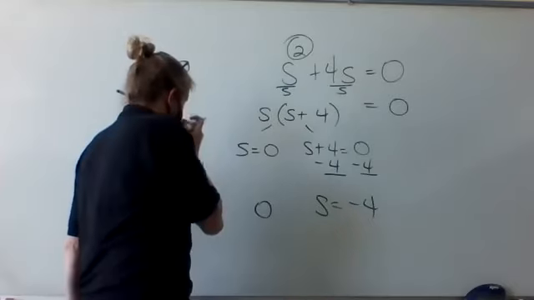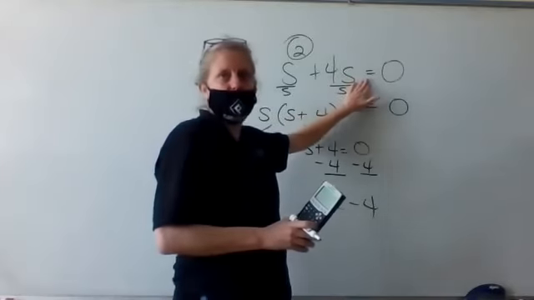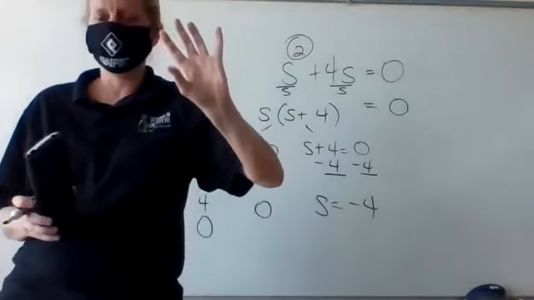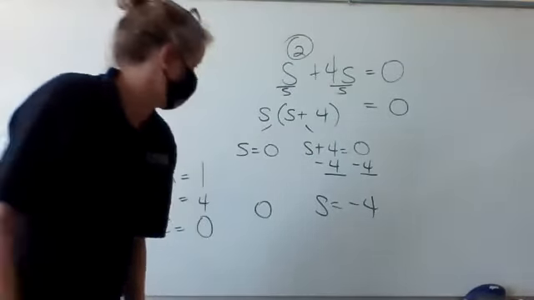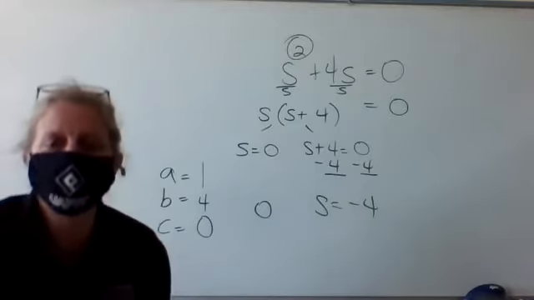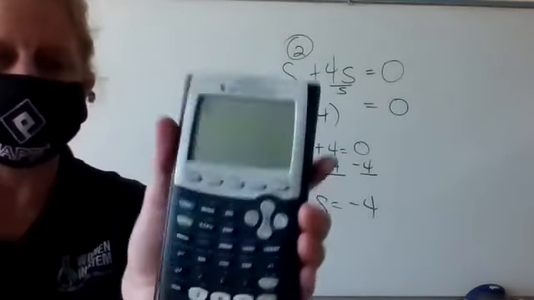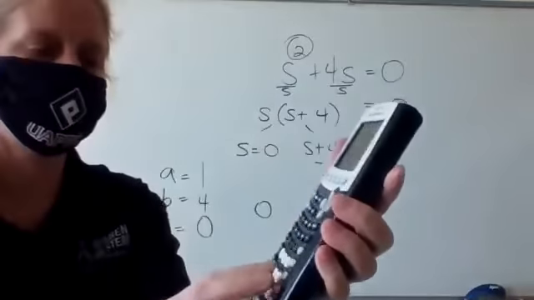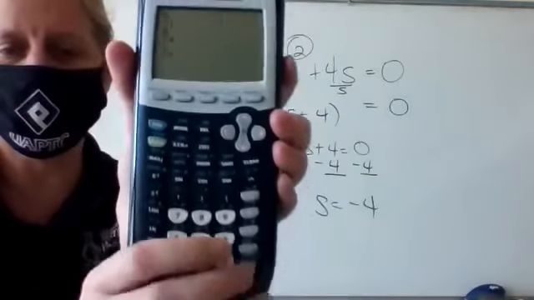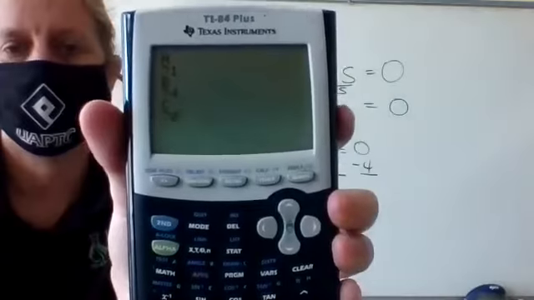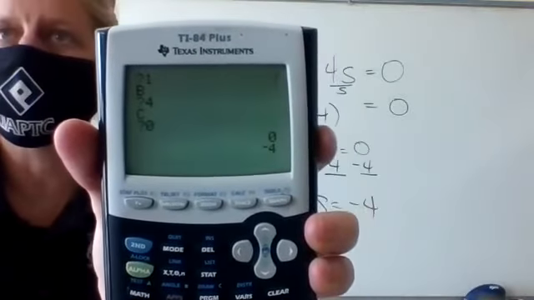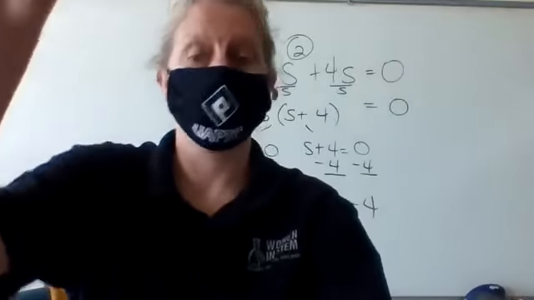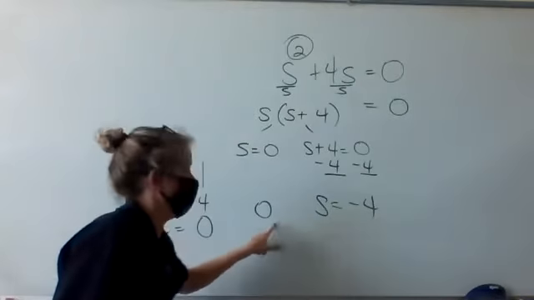What's your C? 0. There's not another term behind it. Your C is always the number that doesn't have the letter hooked onto it, which if there's not one, it's automatically 0. So A is 1, B is 4, and C is 0. There's your 2 solutions, 0 and -4. Is that what you got? Good. Which is what I got as my 2 answers here.